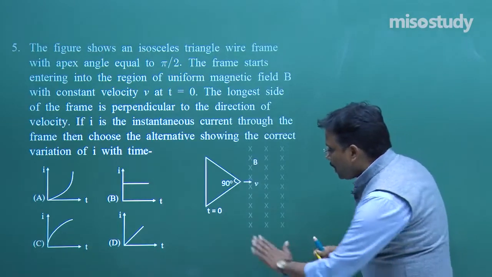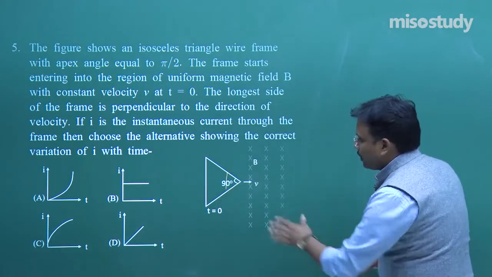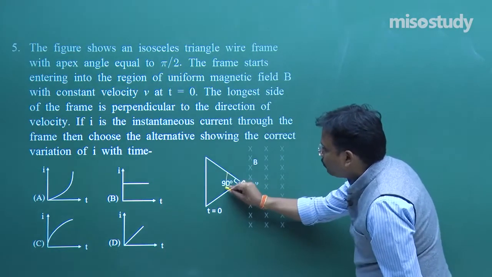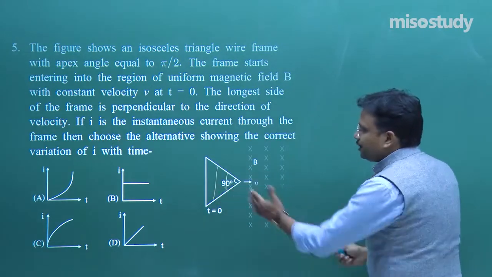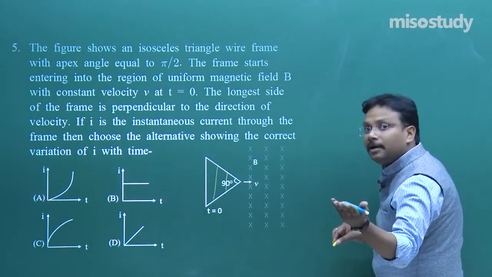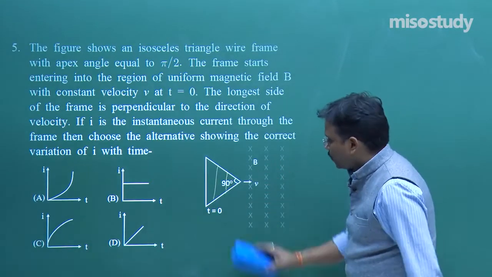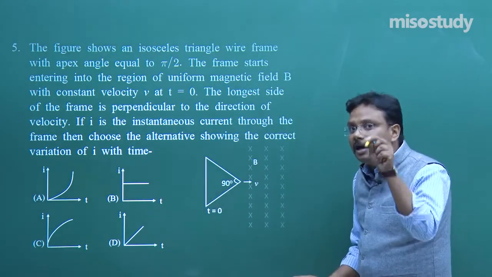Why? When this much portion is inside, some amount of induced EMF; when this much portion is inside, some more amount; when the entire portion is inside, some different induced EMF.